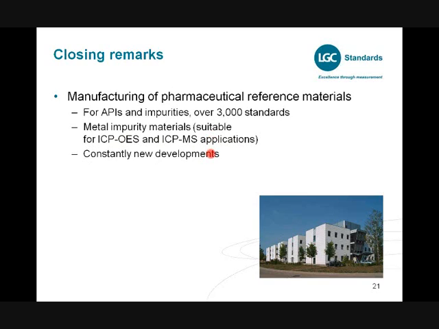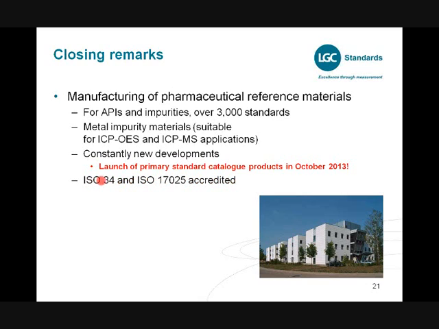We have constantly new developments, and we are happy to announce that in October 2013, during the CPHI here in Frankfurt in Germany, we will launch a range of primary reference standards. We are ISO 34 and ISO 17025 accredited in most laboratory sites.